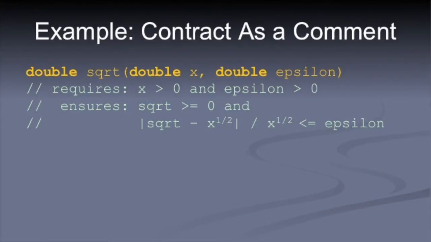The ensures clause indicates that the computed value returned must be greater than or equal to 0 and fall within a tolerance based on epsilon. In the ensures clause, the computed value is represented by the name of the operation, those are the letters S, Q, R, T. And the mathematical square root is also represented. It is represented by x raised to the 1/2 power.